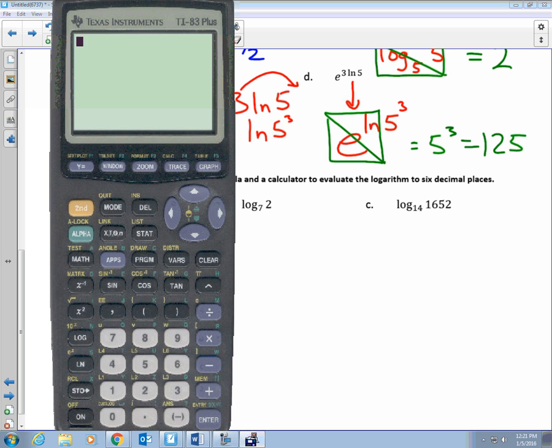Plug it in. The second natural log is how you get this. But e to the 3 natural log of 5.